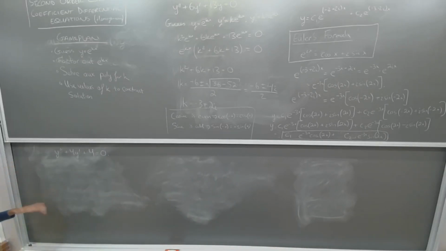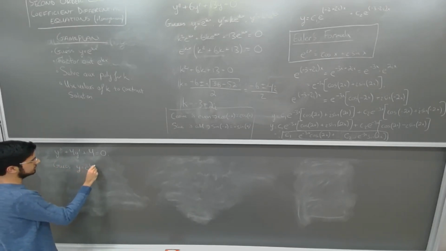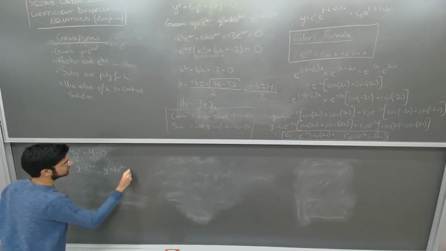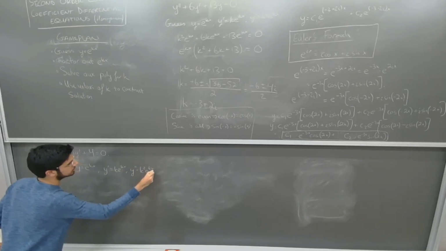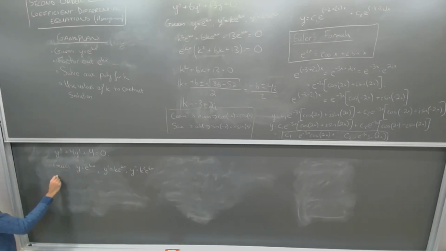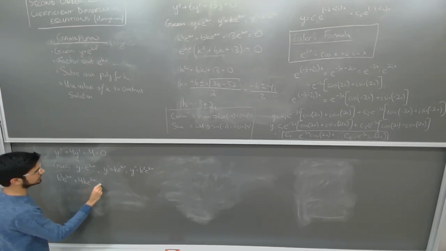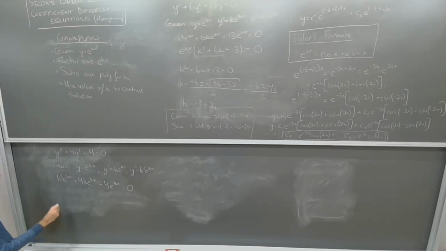Okay, last example. We do it the same way. First, we'll guess y equals e to the kx. We have y prime equals k e to the kx, and y double prime equals k squared e to the kx. Let's substitute. k squared e to the kx plus 4k e to the kx plus 4 e to the kx equals 0.